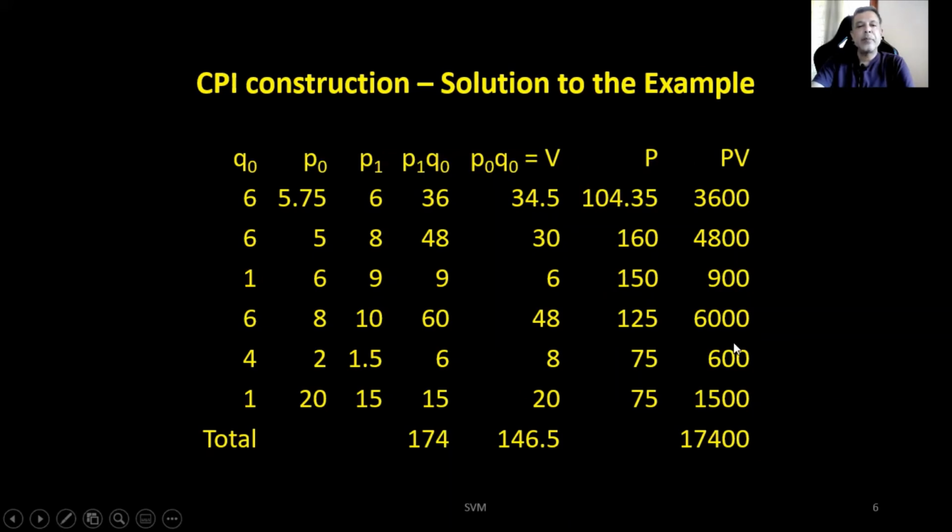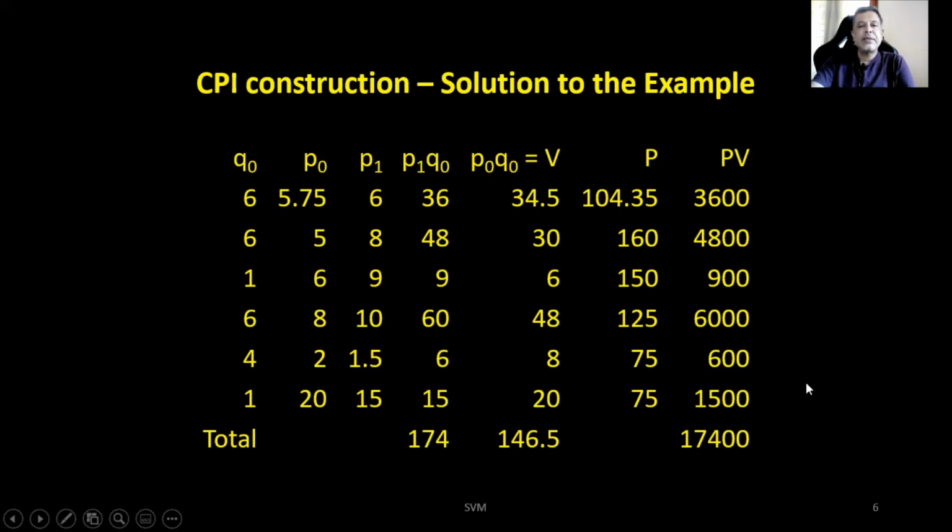Now for the aggregate expenditure method, we simply use summation of P1 Q0, which is 174, divided by summation of P0 into Q0, which is 146.5, the whole thing multiplied by 100. And for the family budget method, we use summation of PV, which is 174.00, divided by summation of V, which is this 146.5.